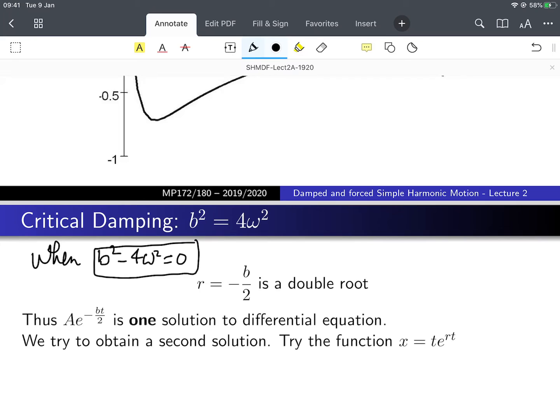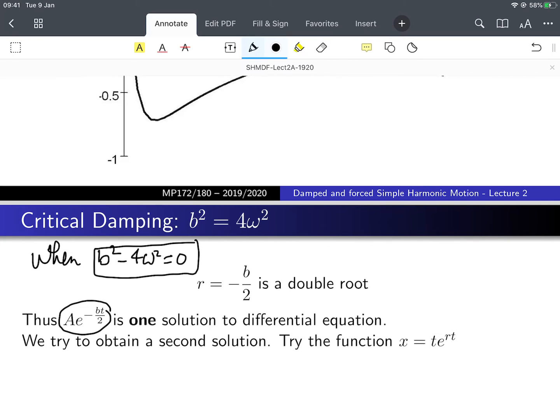So you know from trying a solution of the form exponential rt that you can find one solution. If we want the general solution, we need two solutions, right?